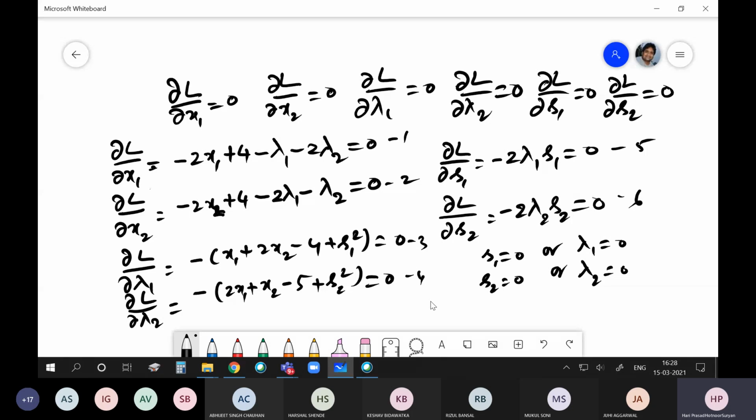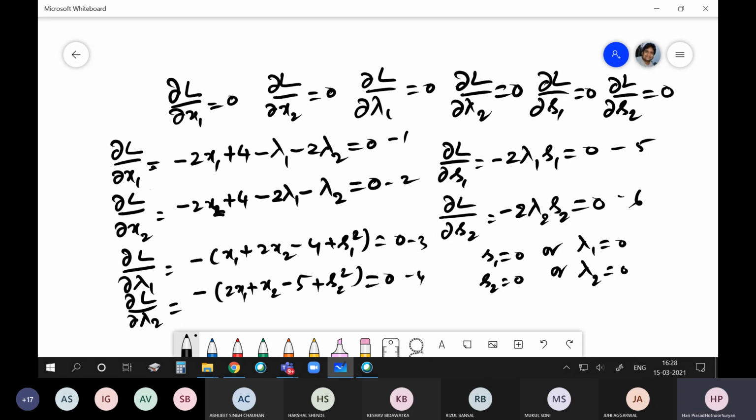What is the Kuhn-Tucker condition for maximization? First, we have already proved that for maximization the function should be a concave function. And the other thing is that all the less than or equal to constraints should be convex.